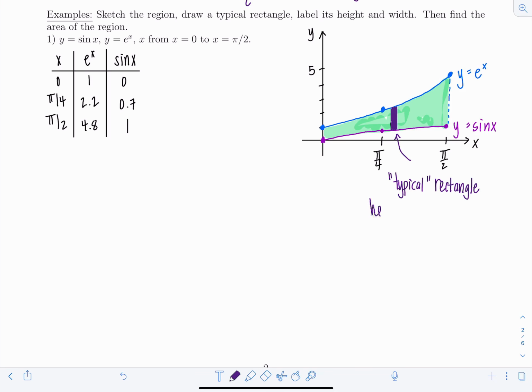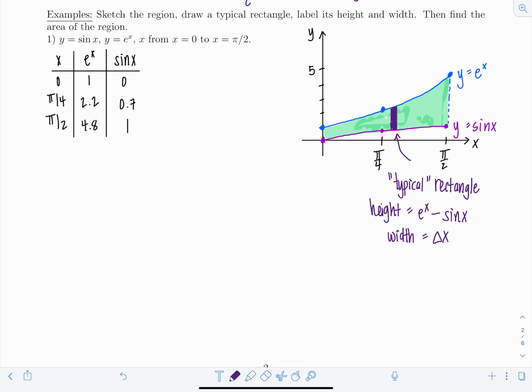Now, what would its height be? Well, the height would be the top function minus the bottom function. In this case, that would be e to the x minus sine x, which is why our graph was helpful. And then the width, or the base, in this case is delta x. And this is basically all the prep work, that way now you can just set up your integral and be done with things.